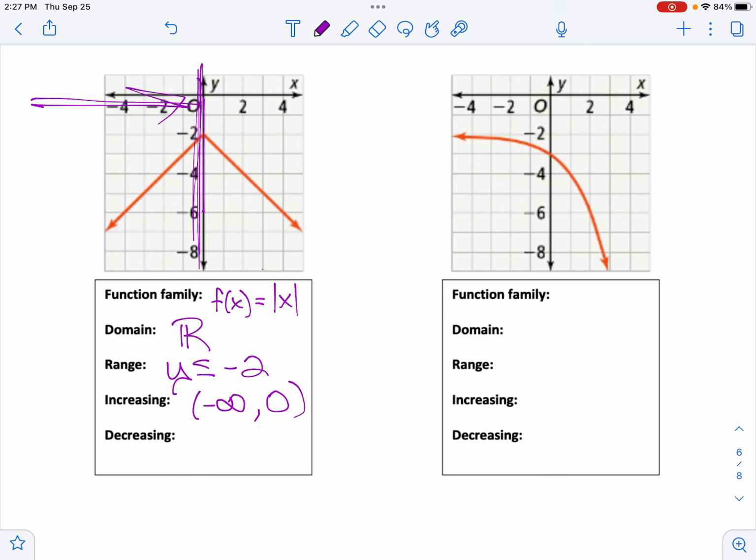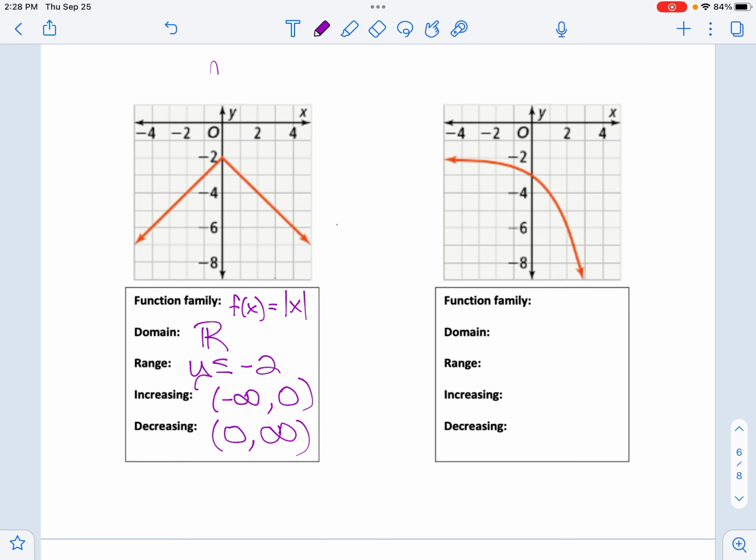So it's going up that way. And then after that, it's going down, and that's from 0 on to infinity. So this is the exact same interval for increasing and decreasing. Maybe not that much more challenging than the one we just did. Now let's take a look at another one.